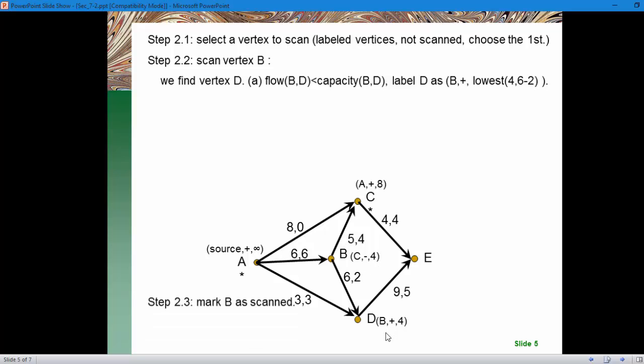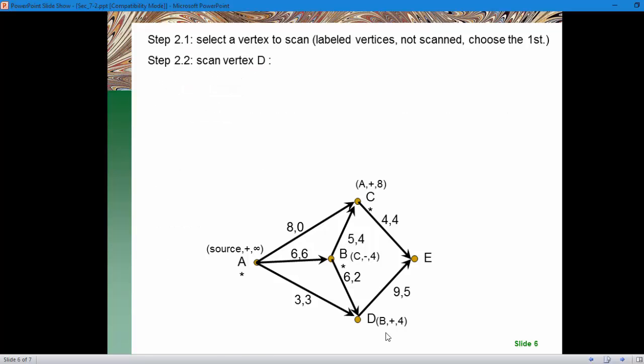That means that B is scanned. We're going to mark it with a star. We move on to the next labeled vertex. That's vertex D. We look at the adjacent vertex, E. Notice that on this edge from D to E, we have room for 4 units. So we can increase up to 4 units.